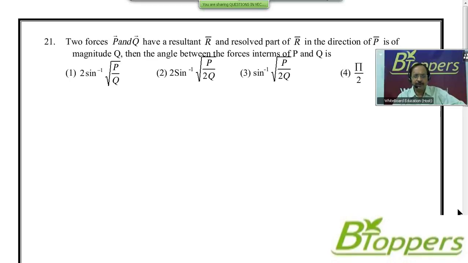There are four options here. First option, 2 into sine inverse of root of P by Q. Second option, 2 into sine inverse of root of P by 2Q. Third option, sine inverse of root of P by 2Q. Fourth option, pi by 2. Come on, try this question.